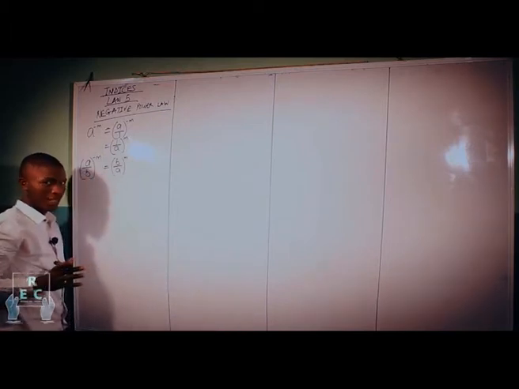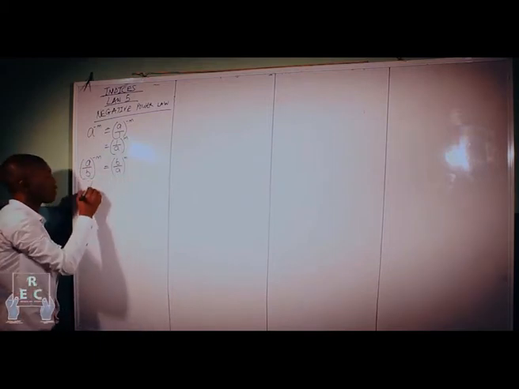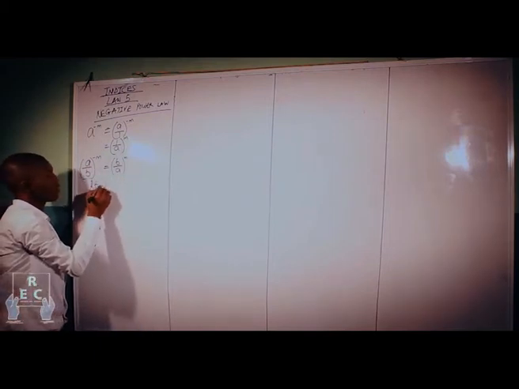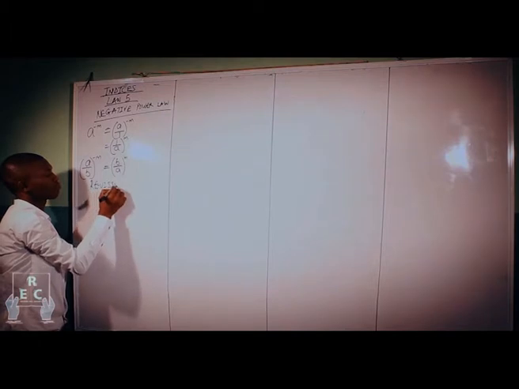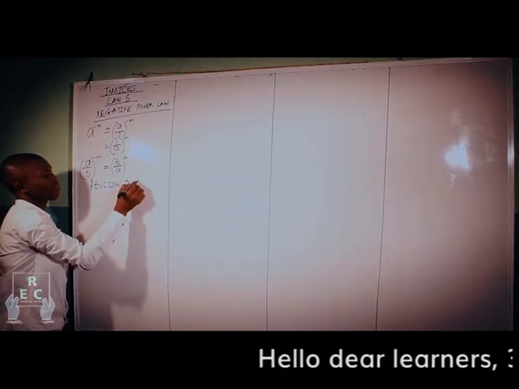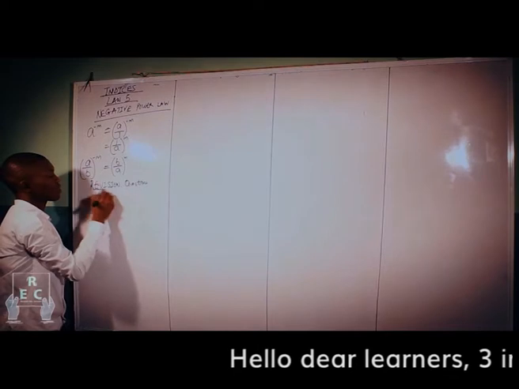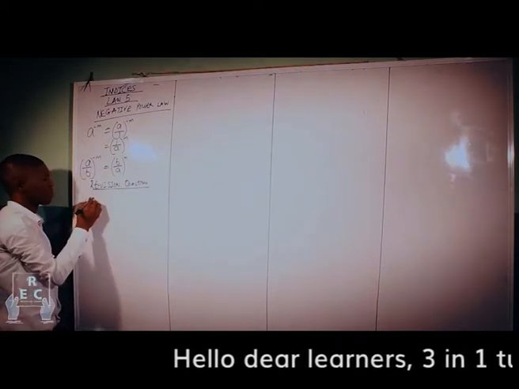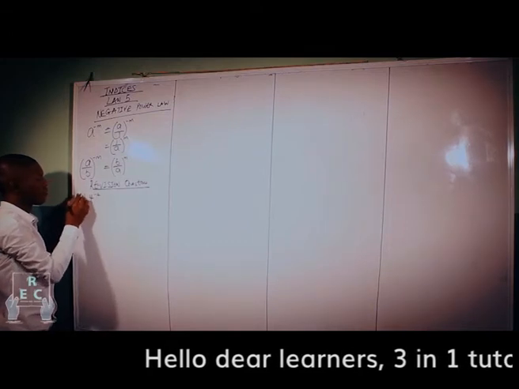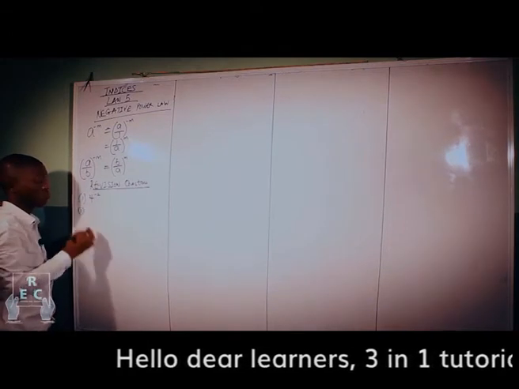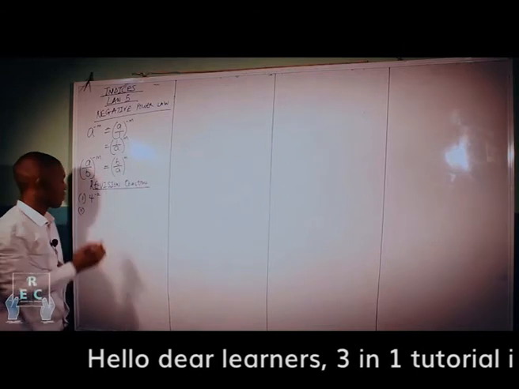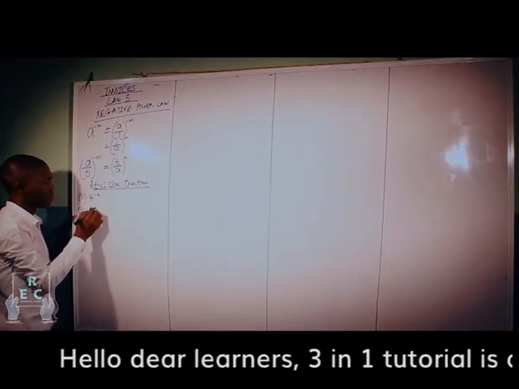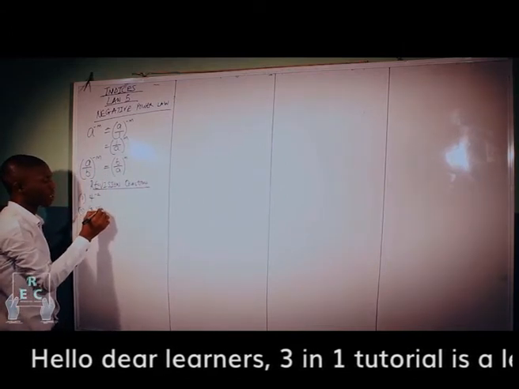Can we take a few questions? Now our revision questions. The first one: we are given 4 raised to the power of minus 2. Another could be 3 over 4 raised to the power of minus 1 over 2.